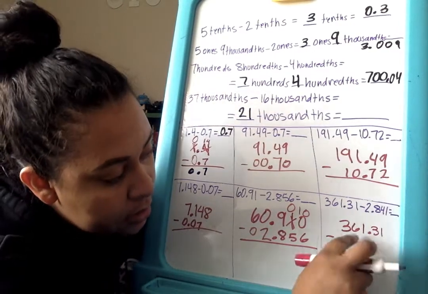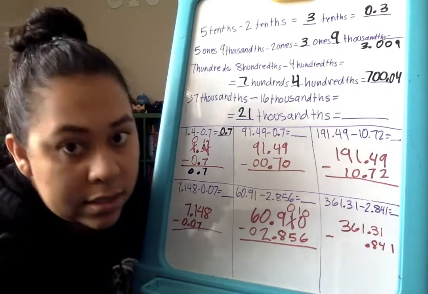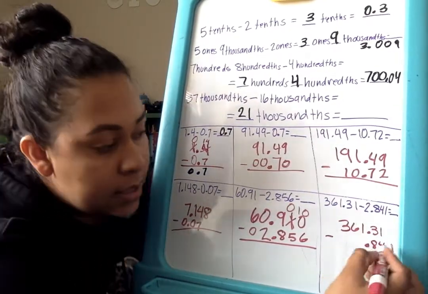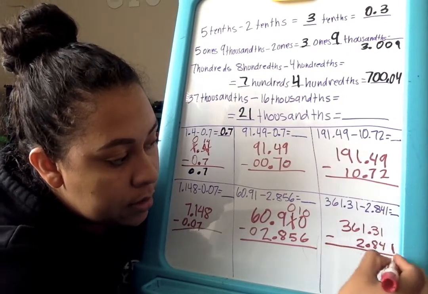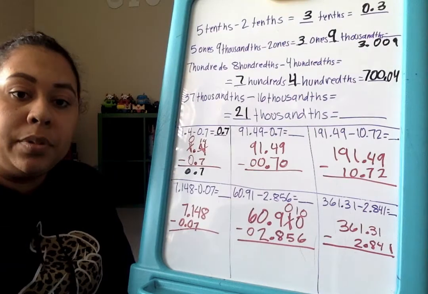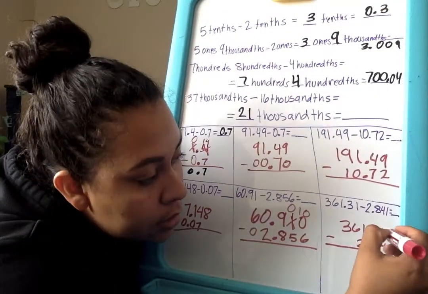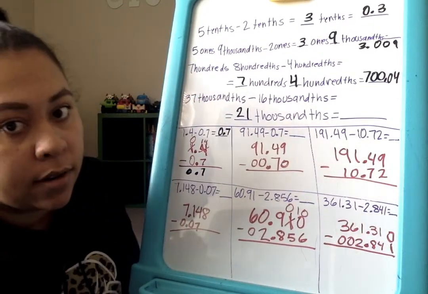So that means 841 thousandths is going to look just like that. So this 1 is going to be kind of by itself. And then 2 ones just like that. So you can plug in placeholders if you want. So 0 here, 0, 0 there.